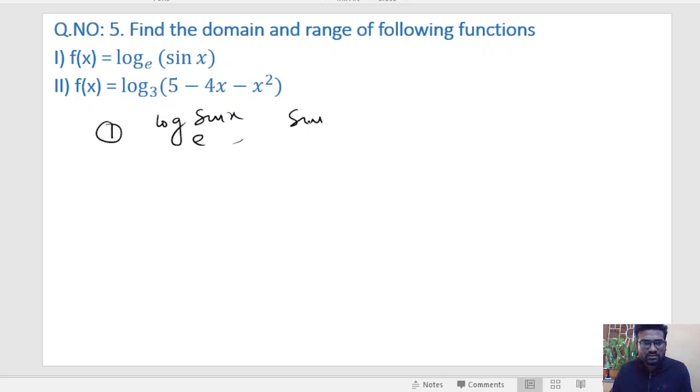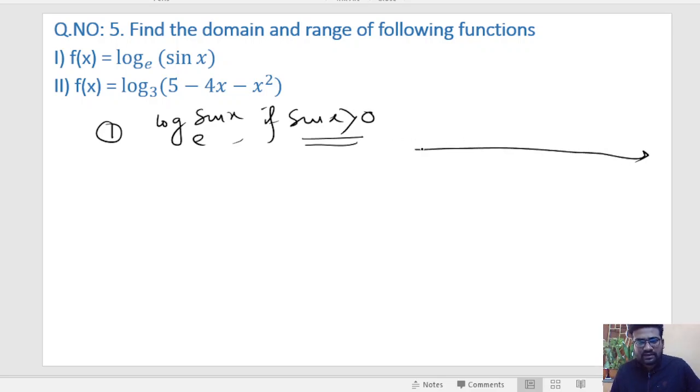This holds if sin x is greater than 0. Sin x greater than 0 means, now at first we draw the sin x curve. Let us draw, x equals to 0.